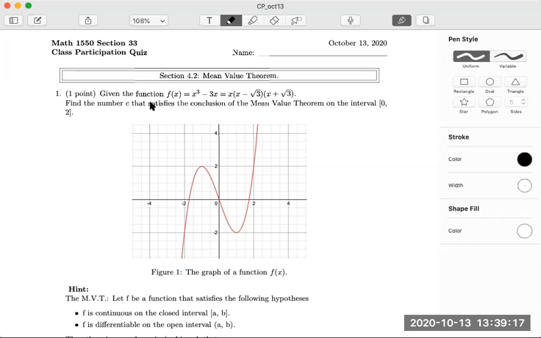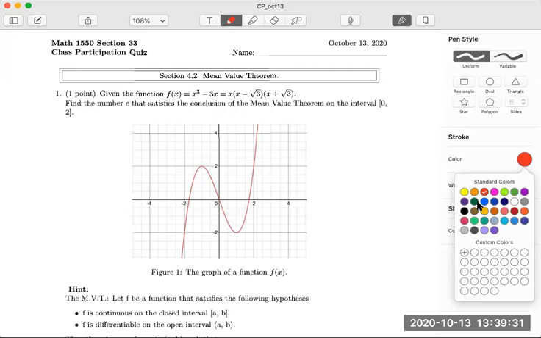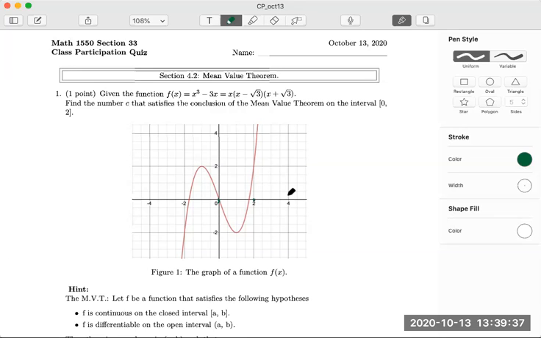Then the question is, find the number c that satisfies the conclusion of the mean value theorem from the interval from 0 to 2. This is the interval from 0 to 2, right?